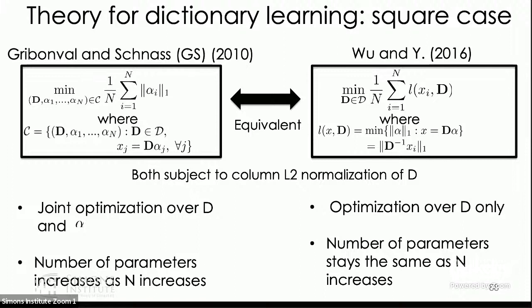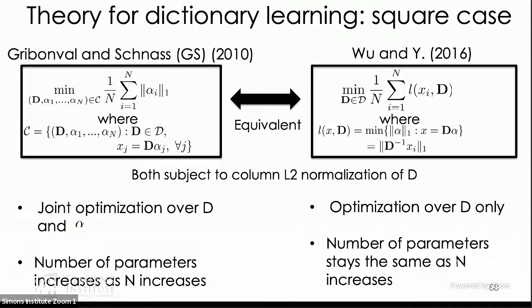So Siqi Wu was the lead on the science project. He's also mathematically very able, and he really did all the heavy lifting on the proofs that reformulate the problem, because the square case turns the matrix inversion into an L1 minimization problem.